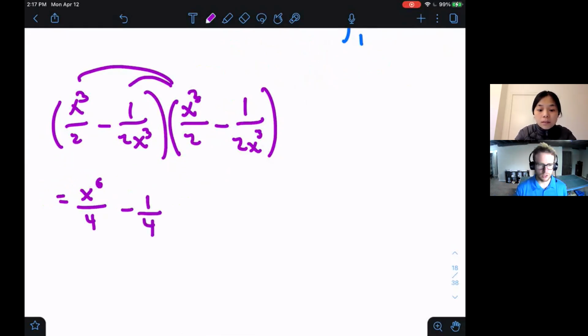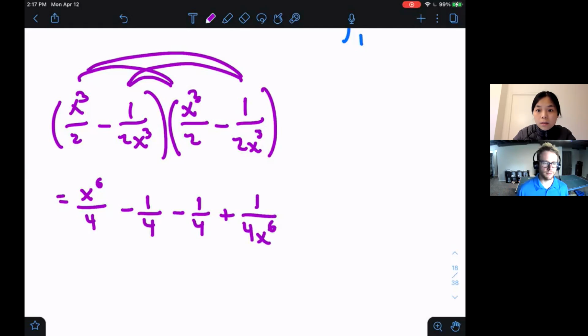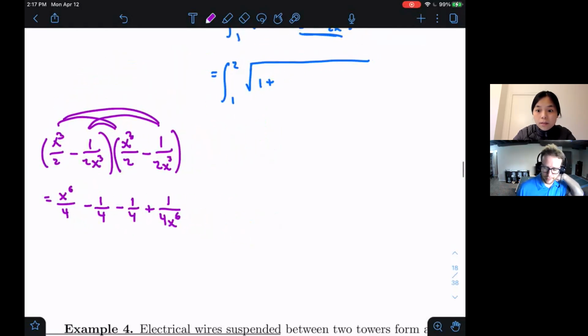Because we have 2's in the denominator there, so they multiply together to give 4. Okay, if I was to do the outers, again, things nicely cancel out those x cubes, and we just get -1/4. And if I was to do the lasts, so the last is this one right here. Let's see. Well, negative times negative is going to be positive. And then we're going to have 2 times 2 is 4, and x cubed times x cubed is x to the 6th. So right there.